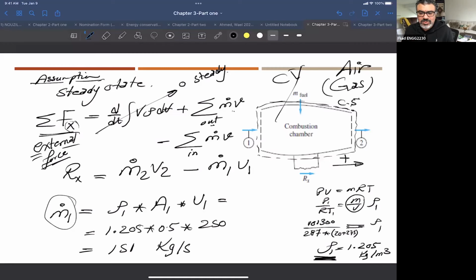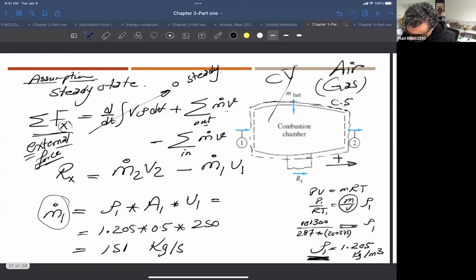If he didn't mention anything about it, we might consider M1 equal to M2, because there's nothing given about what's happening in the combustion engine. But this problem specifically tells you that you have an air to fuel ratio of 1/30. Let me add here.